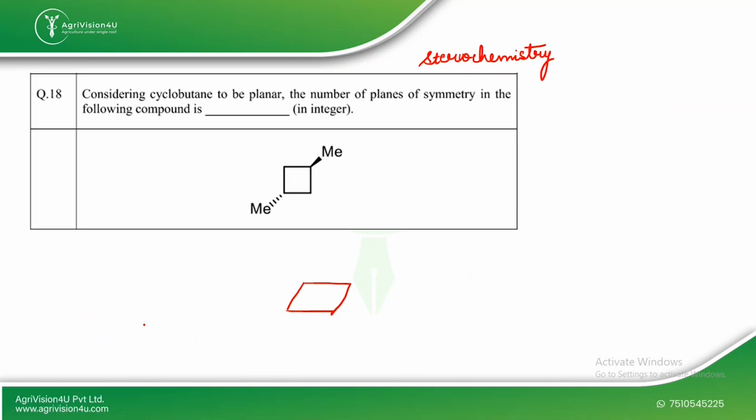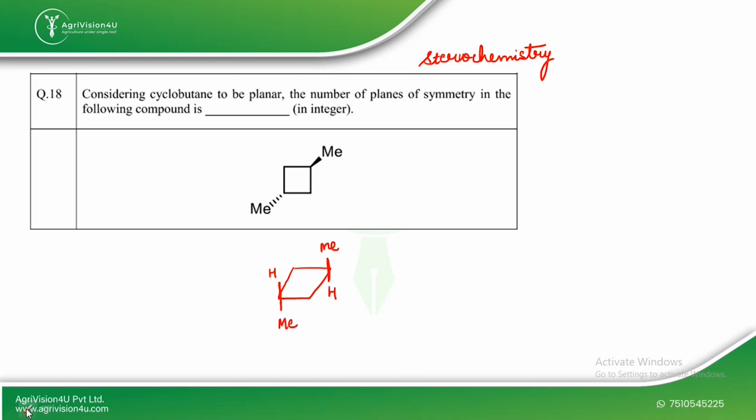In this question, these are two entities. Among the two, if I draw the structure, I'll draw the structure in this way. The methyl is above the plane, the hydrogen will be below the plane. Here hydrogen is above the plane, the methyl is below the plane.